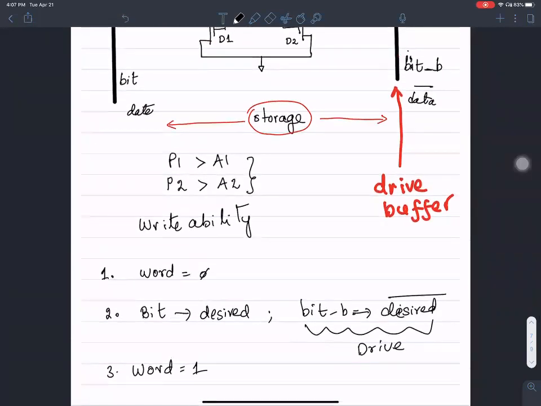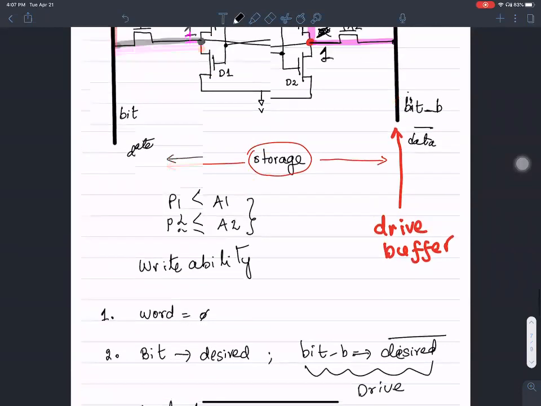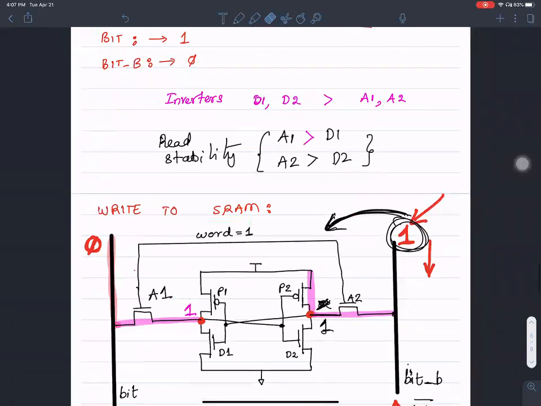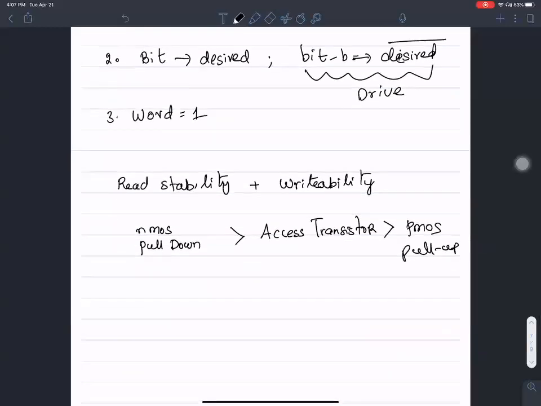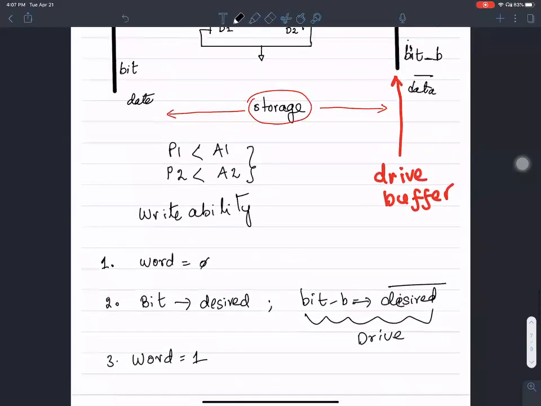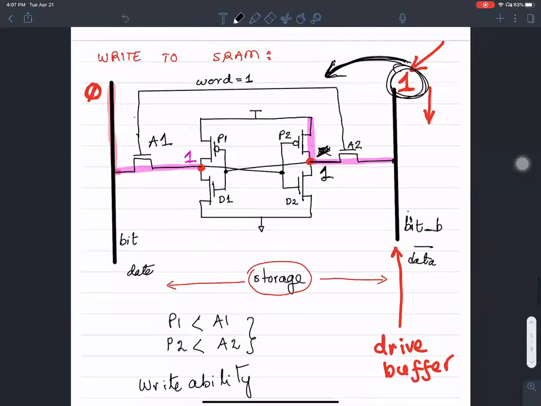A2 should be stronger than... A1 should be... so I have it backwards. In effect, the idea is that the NMOS transistors D1 and D2 are larger in size than A1 and A2, which are in turn stronger than P1 and P2. Okay, questions please, questions so far?